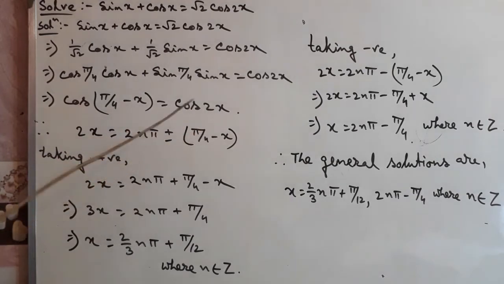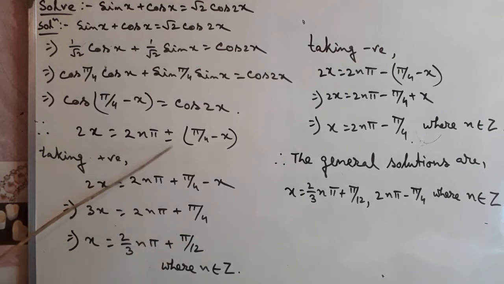So ultimately by general solution 2x equal to 2n pi plus minus (pi by 4 minus x), where n is any integer. Now taking positive, 2x equal to 2n pi plus pi by 4 minus x, from that 3x, changing the side of x, x equal to 2 by 3 into (n pi plus pi by 12).